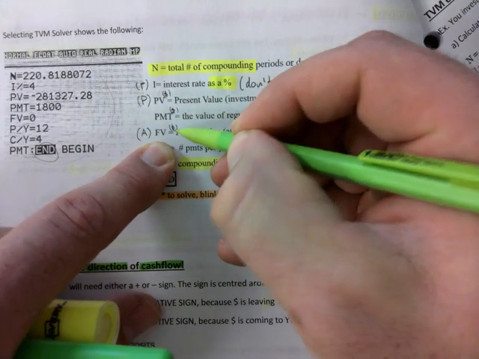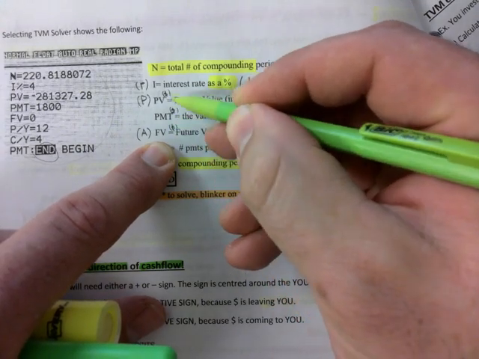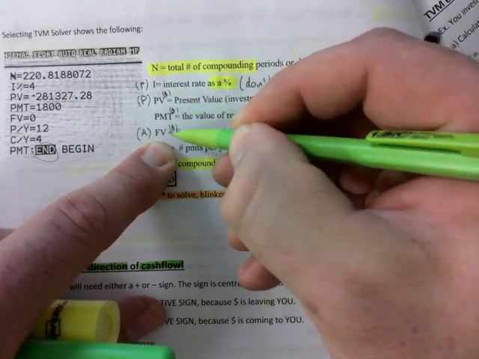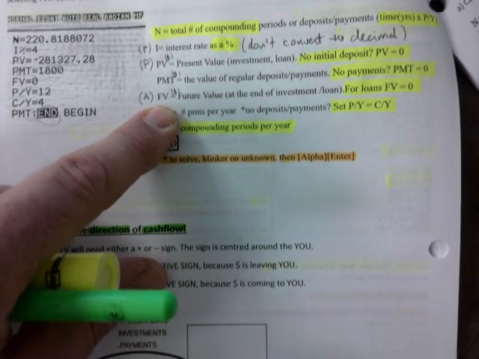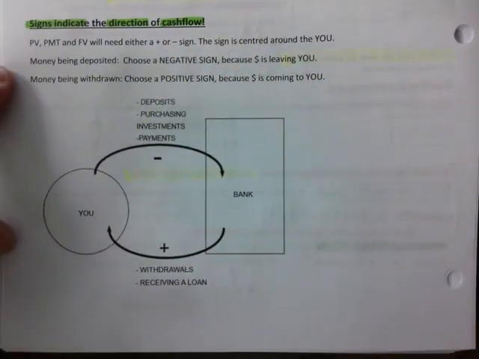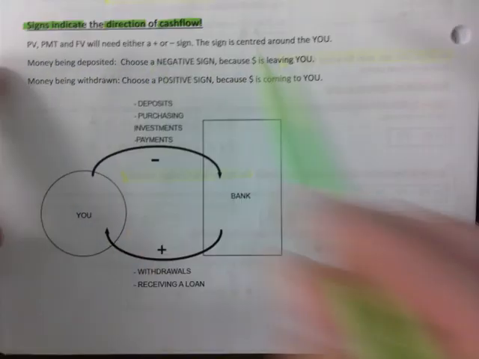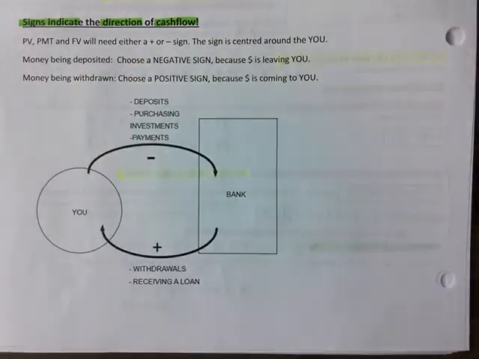Those three are the only ones with a dollar amount. Okay, so these three will have a sign attached to them. And most of the time it's positive, by the way, but not always. They will have either a plus or a minus sign.